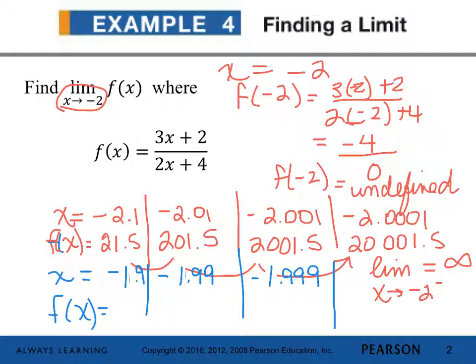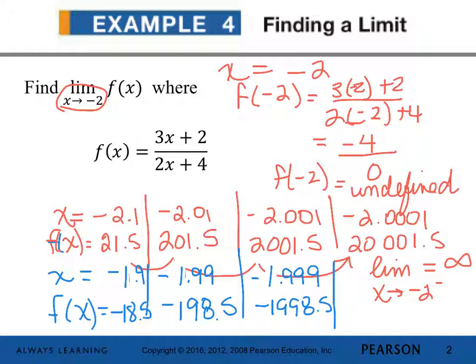And what we see happening here is that we begin with f of negative 1.9 is negative 18.5. But f of negative 1.99 is negative 198.5. And negative 1.999 is negative 1998.5.